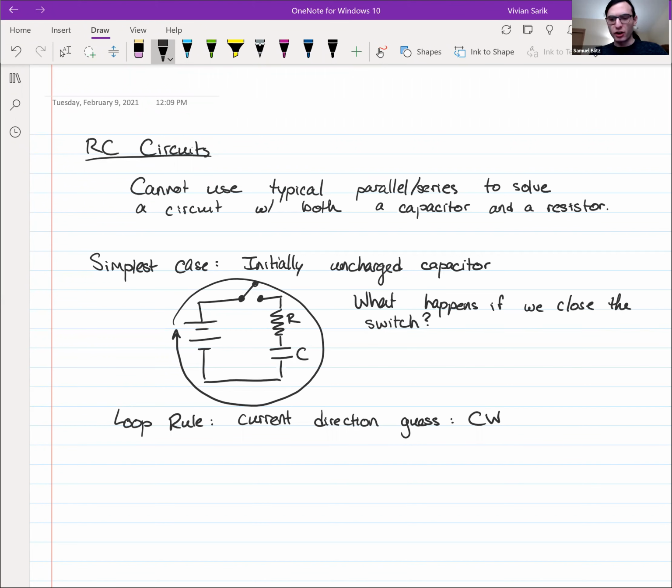Then we can pick any starting place, as you've probably learned from doing the homework. It doesn't really matter where you start, you always end up with the same equation. So maybe we start at the bottom left, but it doesn't matter.